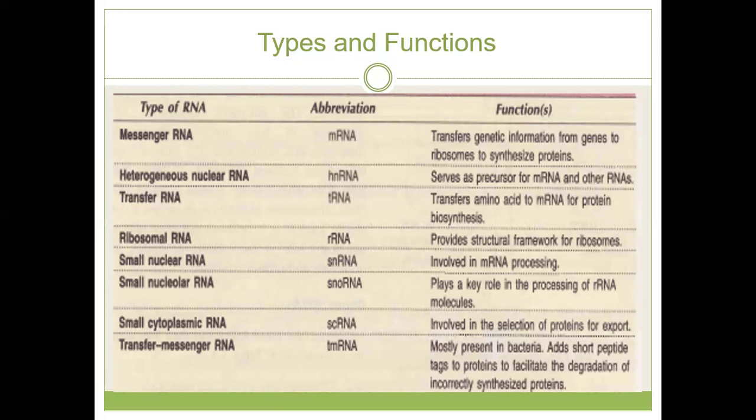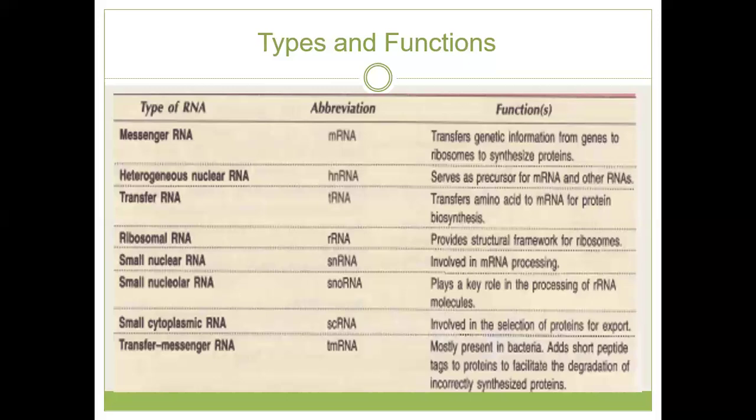Heterogeneous RNA will undergo some processing, and some nucleotide sequences will be removed. There are some particular types of RNAs that also do that, removing some nucleotide sequences. Then the remaining ones will be joined to form the messenger RNA.